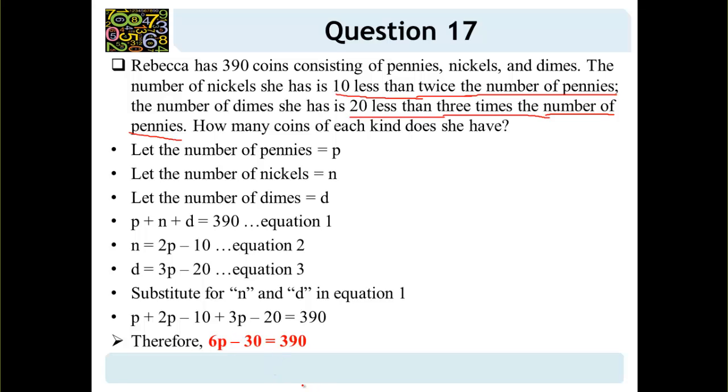We can now solve for the number of pennies. Once we get that, we substitute in equation 2 to find the number of nickels. And once we get the number of nickels, we also substitute the number of pennies in equation 3 to get the number of dimes. Okay?